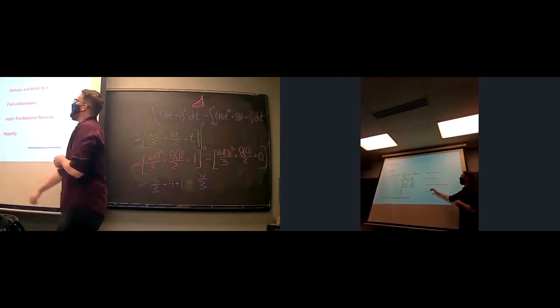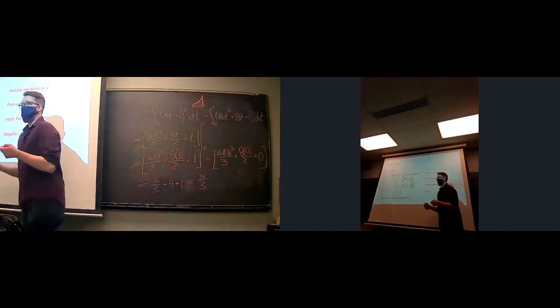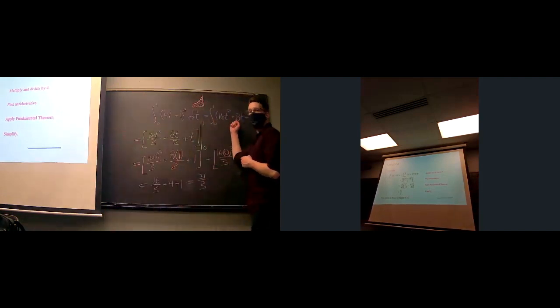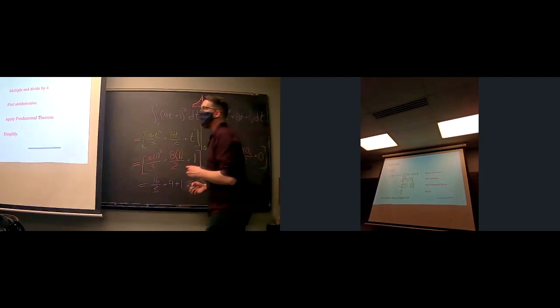Now notice they applied U sub here, and they still got the same answer. The point of this is to say that as long as what you're doing is mathematically correct, it doesn't matter. You could use U sub, or you could expand things out. But in either case, you're going to get the right answer.